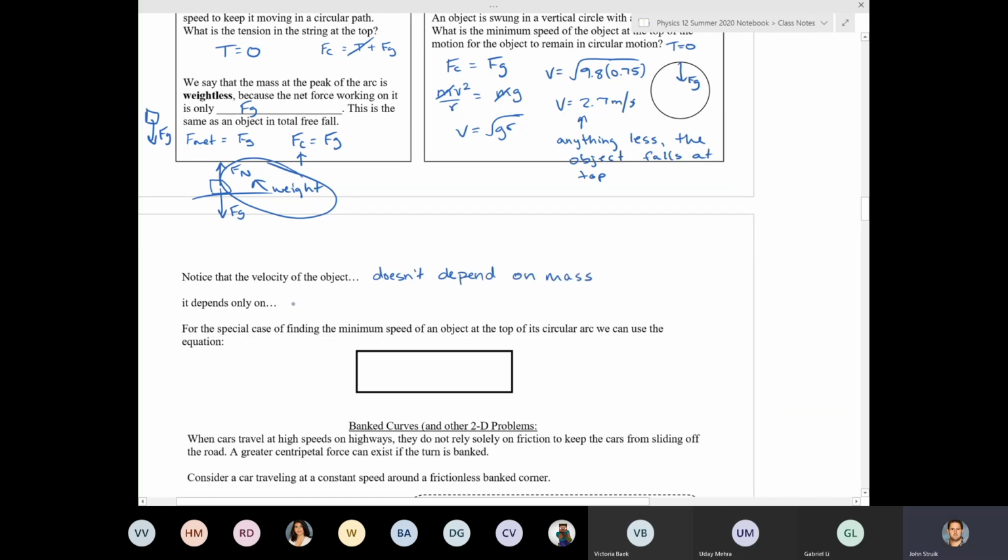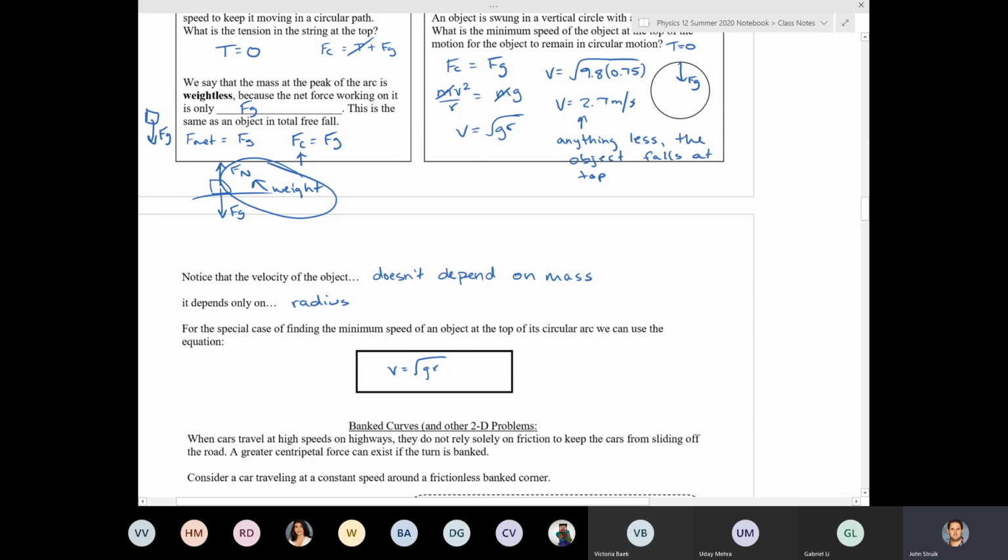It depends only on radius. Okay, g is constant, so it's only radius. So in order to find the minimum speed of anything in a path, you just go v equals square root of gr. Okay, so it's kind of a special case. And this is on your formula sheet as well.